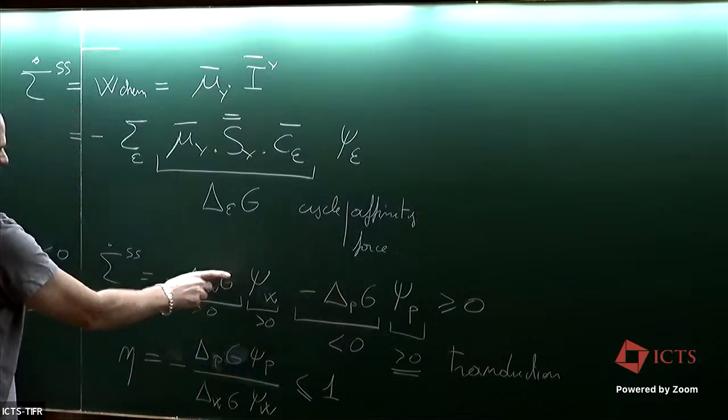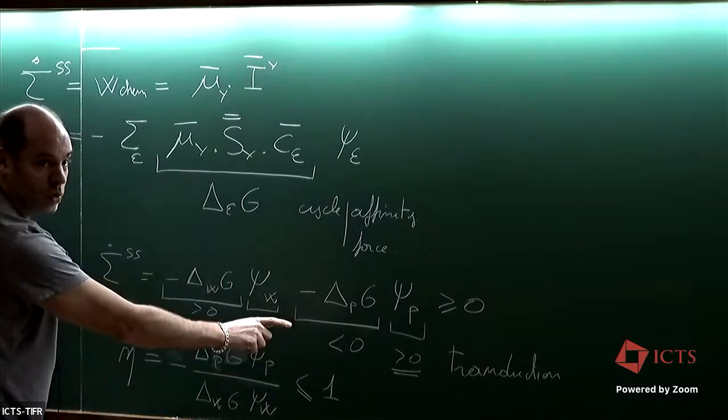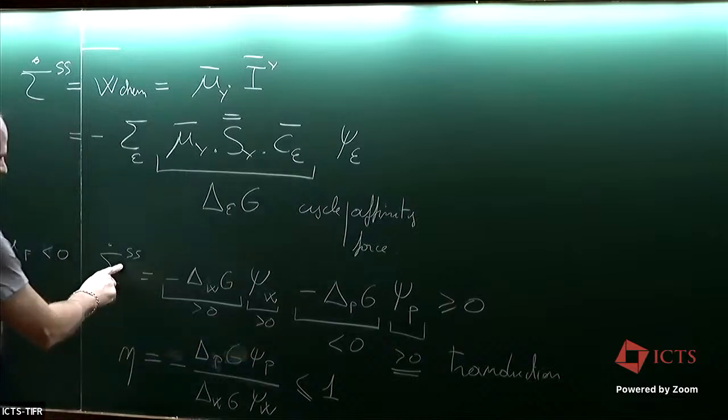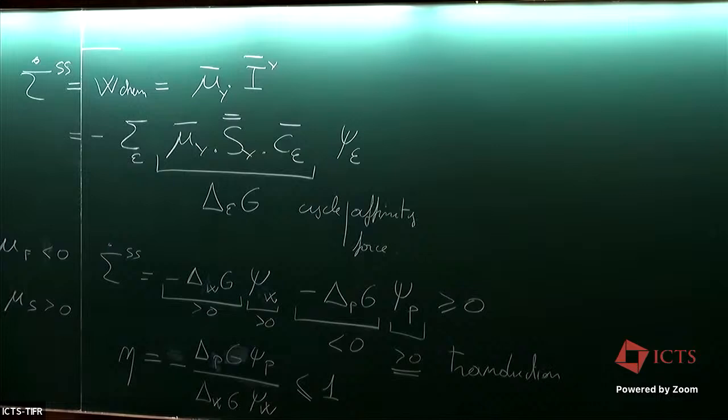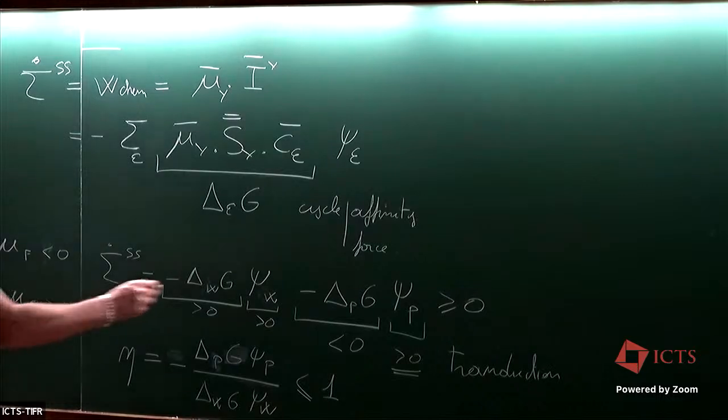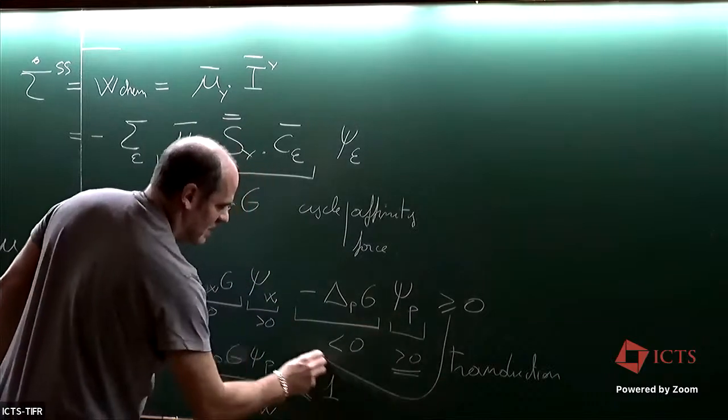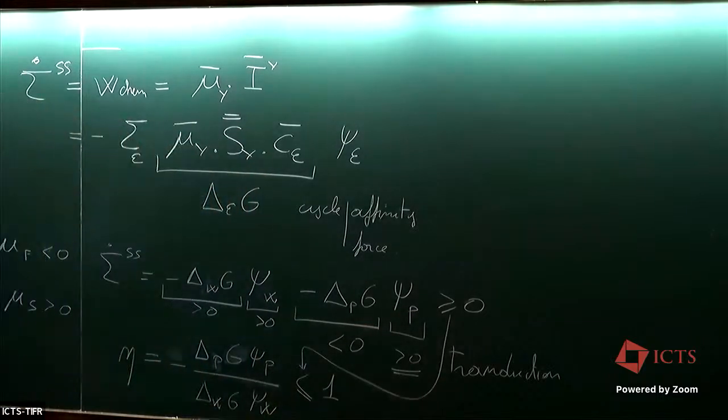And then you're going to have 1 minus something that is always positive because of this. And this is going to be always smaller or equal than 1. So the second law translates immediately into this. So this is the Carnot bound, if you want. We are isothermal, so Carnot efficiency is 1 now.